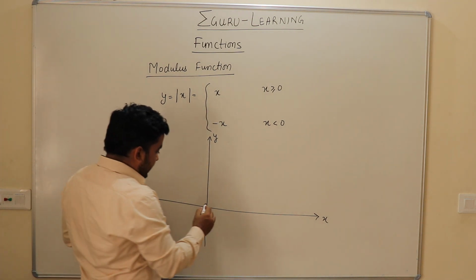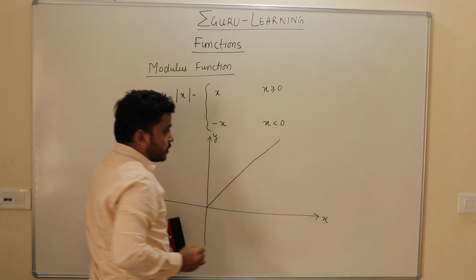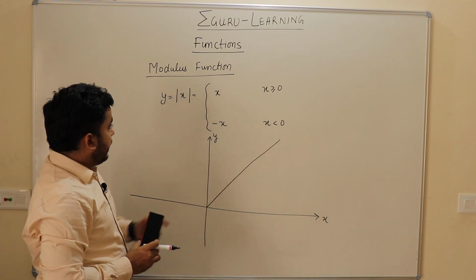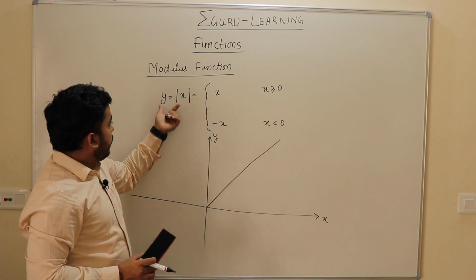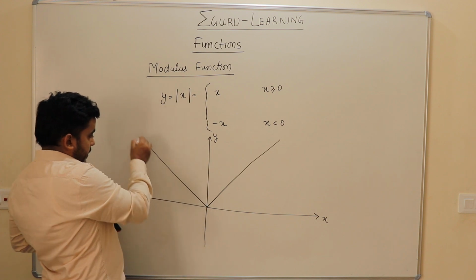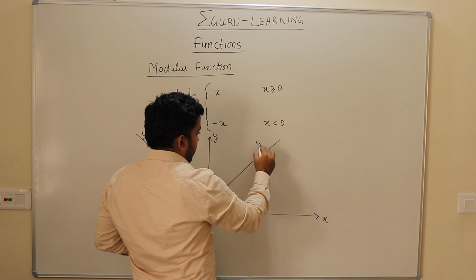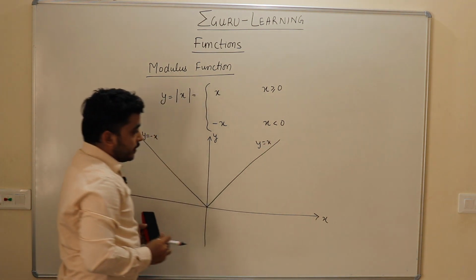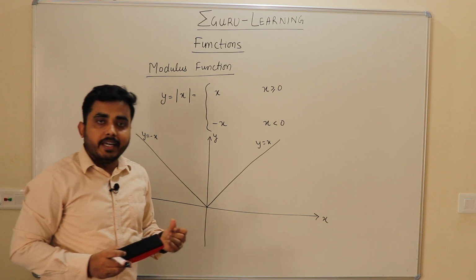So y equals plus x is the line passing through the origin and having slope equal to 1. And in the region when x is negative, that is x less than 0, y will be equal to minus x. Hence this will be the line y equals minus x, and this is the line y equals plus x. So this is the basic plot of y equals mod of x.